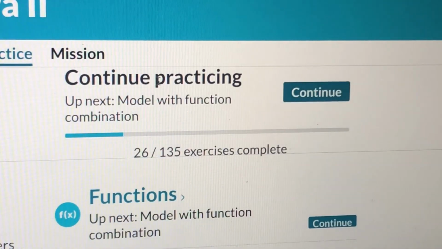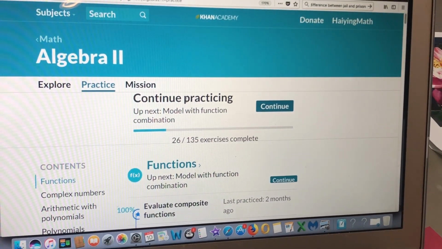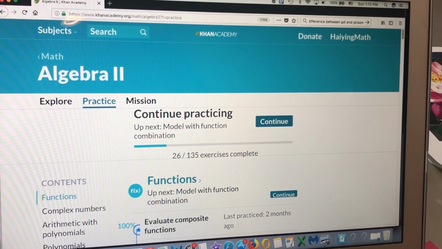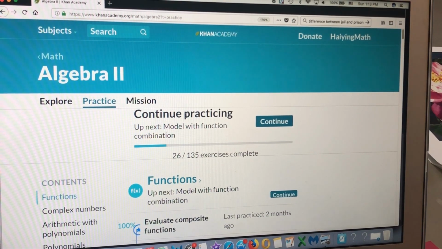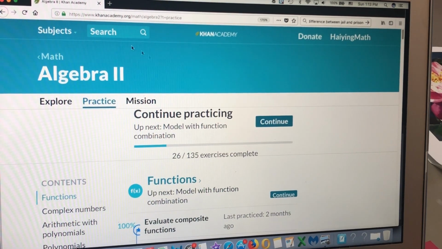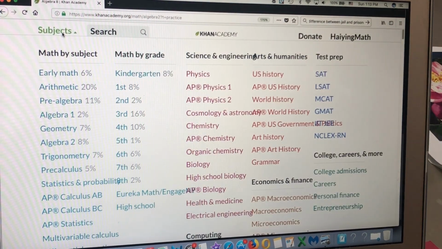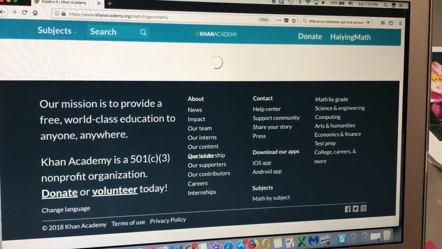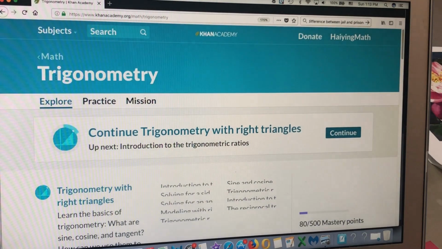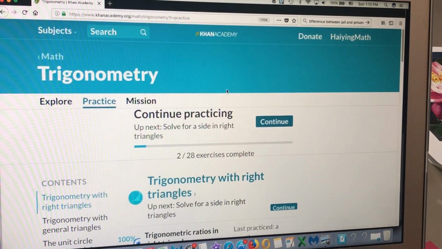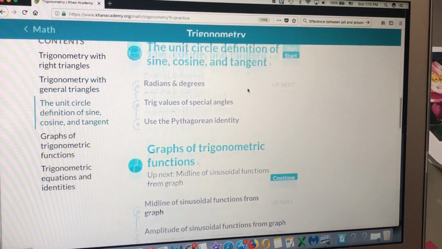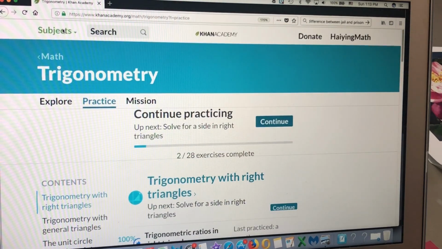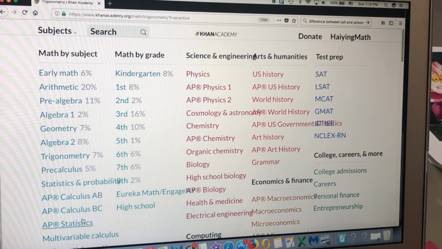Okay, and so let's browse through Khan Academy and see what we can practice on. I do not need this light. So Algebra 2, Trigonometry, there are a lot of practices, you see, a lot of practice, and anything in math.